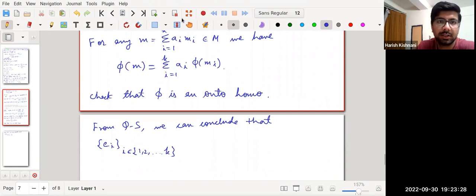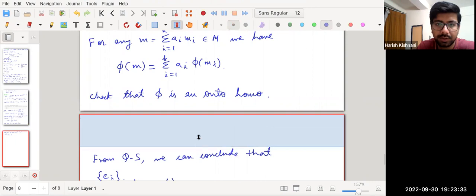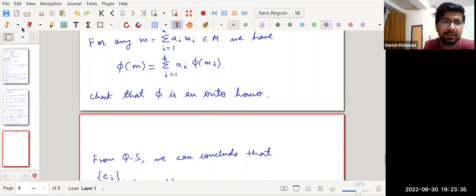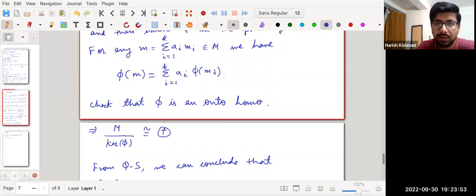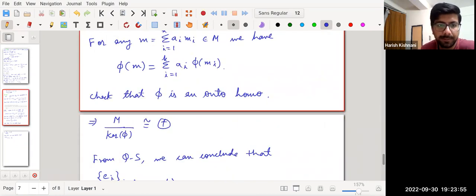So still some things need to be done. So this implies that M modulo kernel of phi is going to be isomorphic to the direct sum of R, i equal to 1 to k, over R. Right.